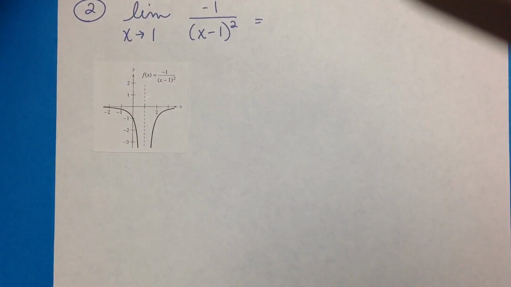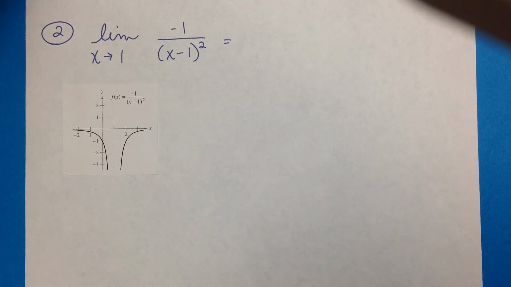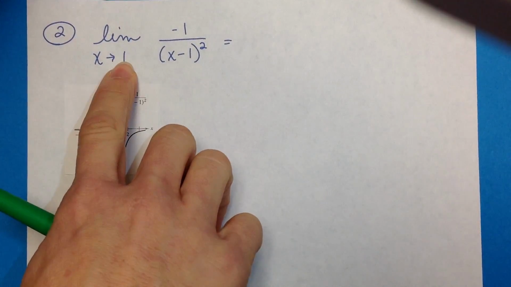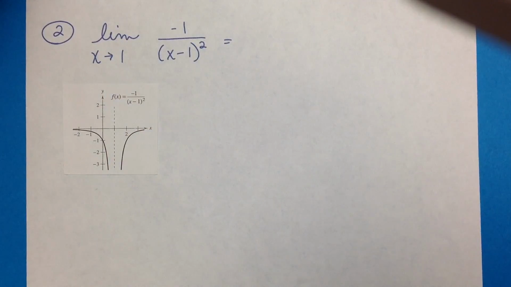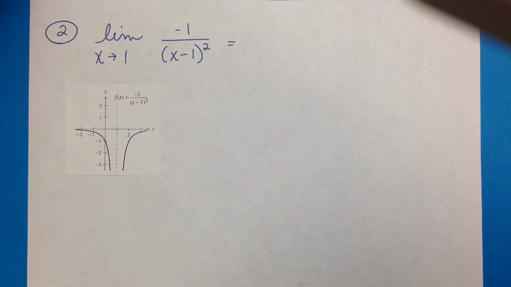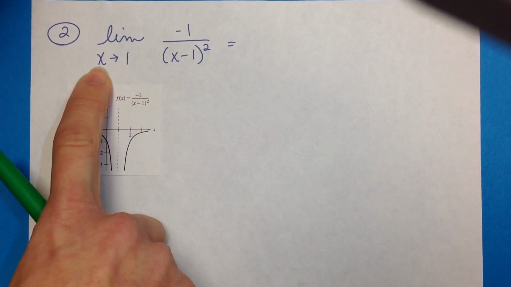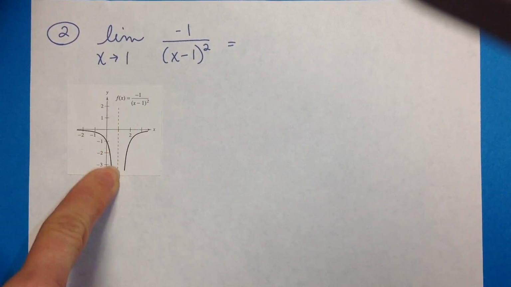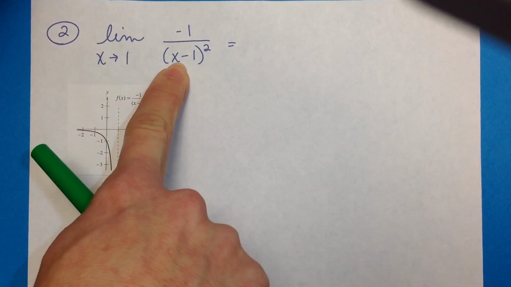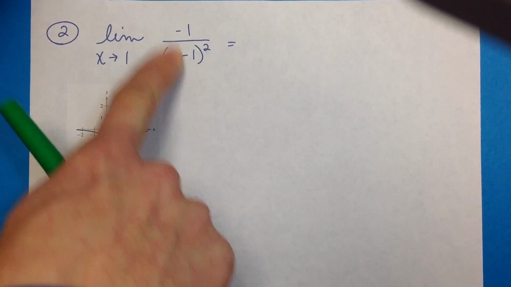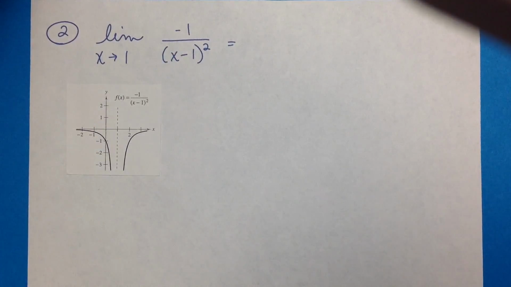Okay, next one. Now this is still the same set of instructions. It wants you to determine the limit from the left and the limit from the right. But if you notice, I haven't gone ahead and written out two separate limits, like the one for the left and the one for the right. Because if you look at your graph, as x approaches 1, of course, again, that's where you've got a vertical asymptote, because if you were to substitute in 1, you would end up with negative 1 over 0 again.